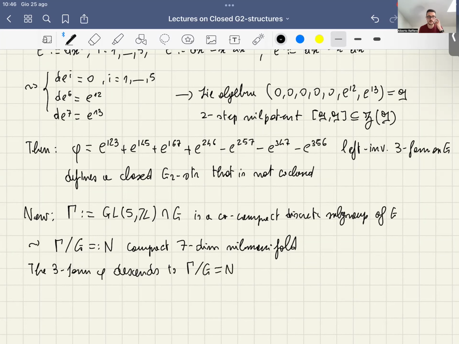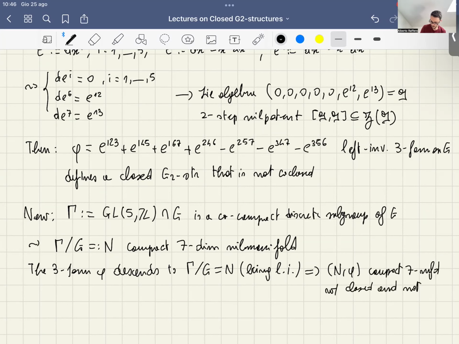So it defines a closed G2 structure on N. So (N, phi) is a compact 7-manifold with a closed and not co-closed G2 structure.